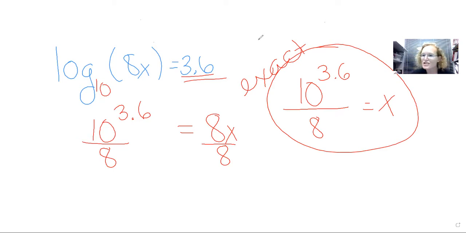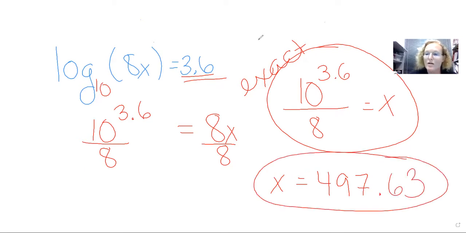And once again, since I just did 2 decimal places on the last one, I'm going to stick with 2 decimal places on this one as well. And so if we do that, we've got x is equal to 497.63 if we round that one off.